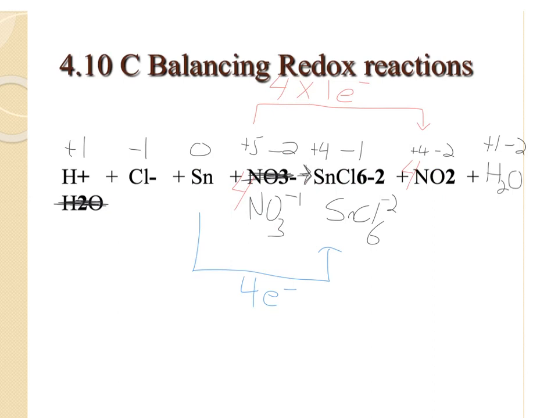So if I have 4 nitrogens on each side, my tin, I have 1 tin on each side, that'll suffice. 6 chlorines, we know that 6 chlorines is right, so let's come over here and make 6 chlorines. Not 6 tins, 6 chlorines.